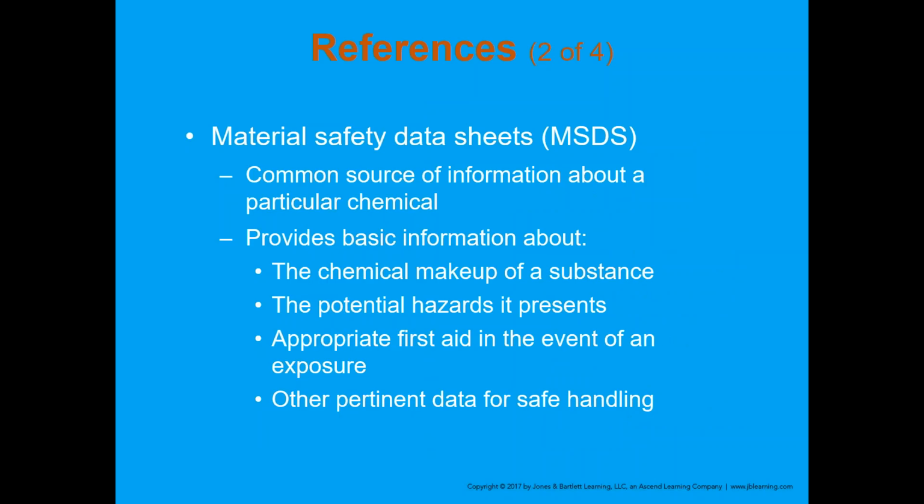Material safety data sheets give us information about the chemical makeup, what kind of hazards it may be, first aid if you have an exposure to it, and any other items for safe handling. If you cannot find information on it, always ask the supervisor at the chemical plant or the industrial place or the safety officer, hey, I need to see your safety data sheets for this.